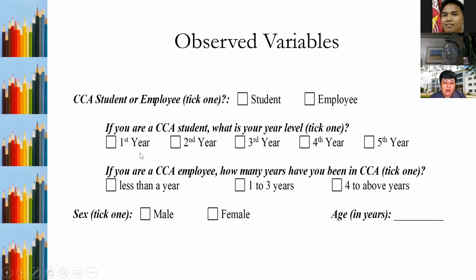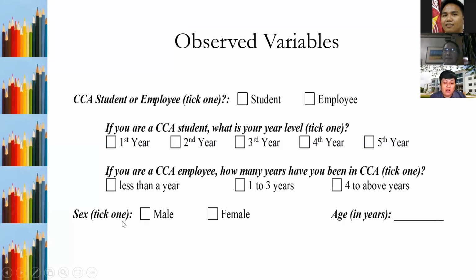Let's say you want to ask whether they are first-year, second year, third year, fourth year, fifth year students, and so on and so forth. These are what we call observed variables. Or for example, you want to know how many years your respondent has been employed in the organization. That is an example of an observed variable.